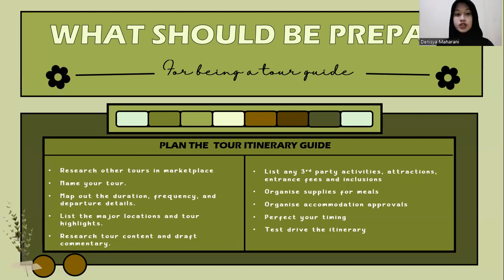Number five is research content and draft commentary. And next, you can list any third-party activities, attractions, entry fees, and also inclusions. You can also organize supplies for meals and accommodation approvals and choose your perfect timing. And the last is test drive the itinerary.